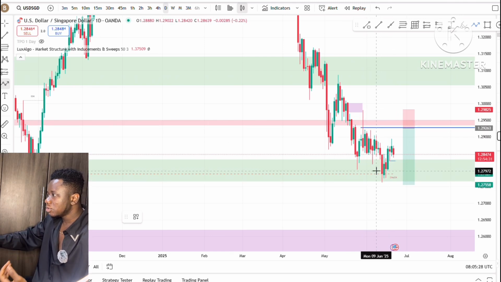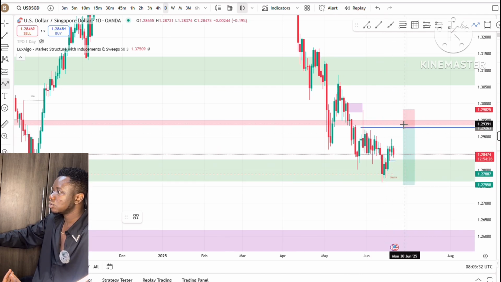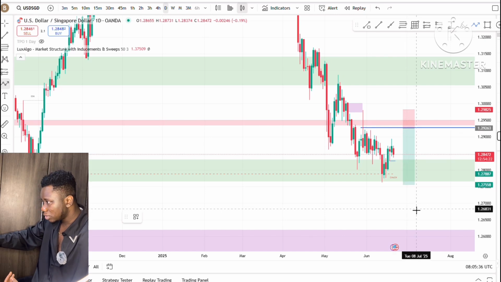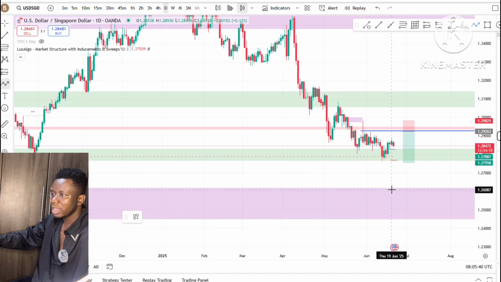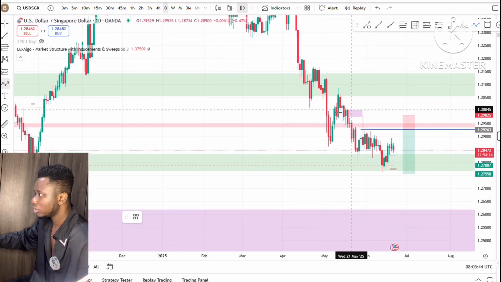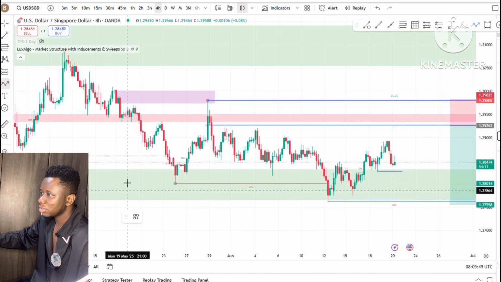So I'm still looking for, because price made a lower low, price to come back and create a lower high that will lead to selling off to the 3-month area of support that is below. So on the 4 hours, this is what I'm looking for.